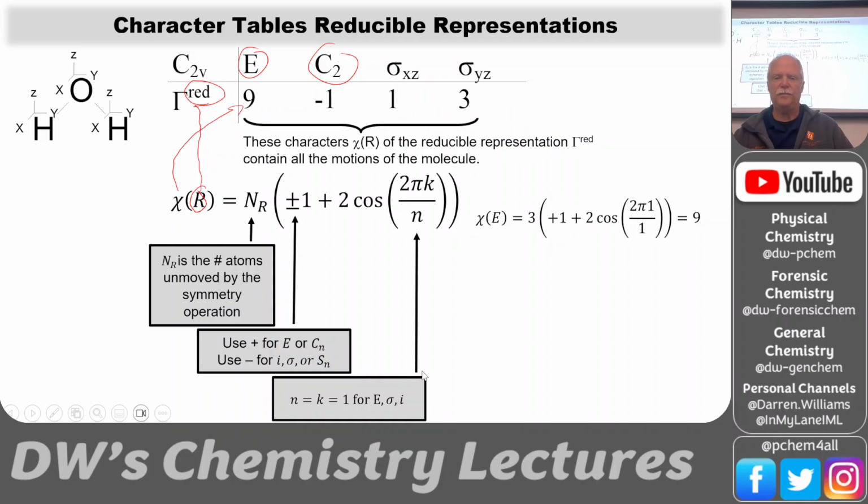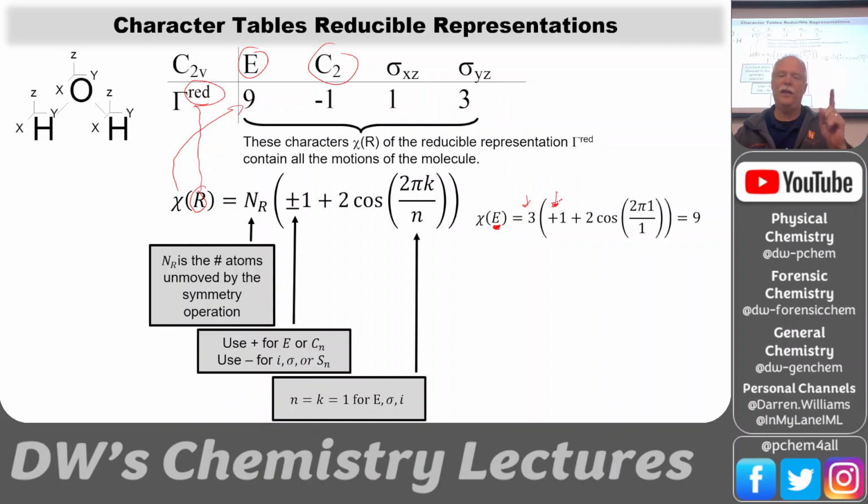So let's look at the character under E. First of all, we have 3 atoms. When we do the E operation, what have we done to the atoms? Nothing, okay? So we have 3 unmoved atoms. So we start out with a 3 right here. Is everybody cool with the 3? Okay. Then we have the plus. Why is it a plus?